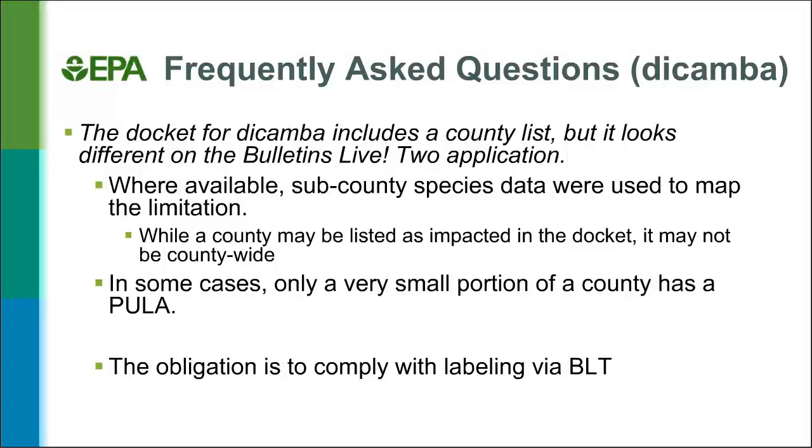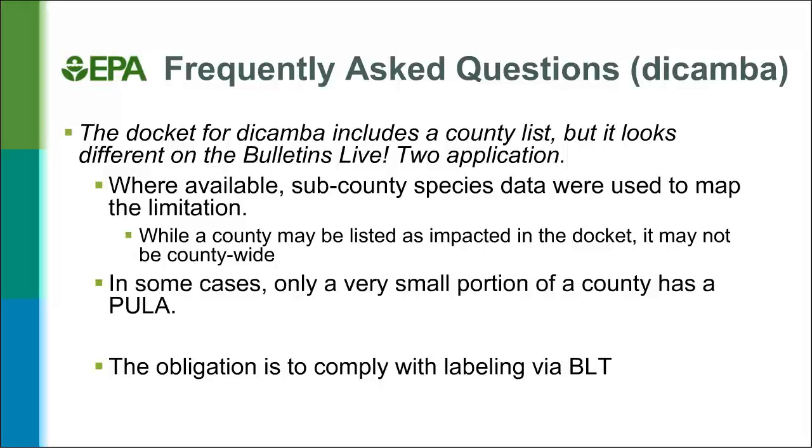So you might see that a county is listed in the docket and then look at the Bulletins Live 2 web application, and you might not even notice it being covered by the PULA, but if you zoomed in closely, you could see that maybe a section along the border is included, or maybe a small corridor section is included.